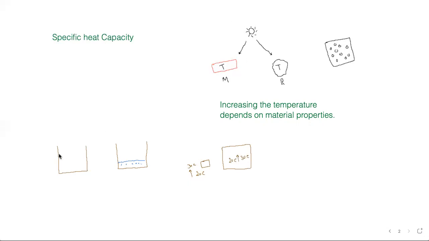If you have more quantity, you need more time or more energy to heat it up. It is the same here: for the smaller piece of metal you need less energy to heat it up, but for this one you need more energy.